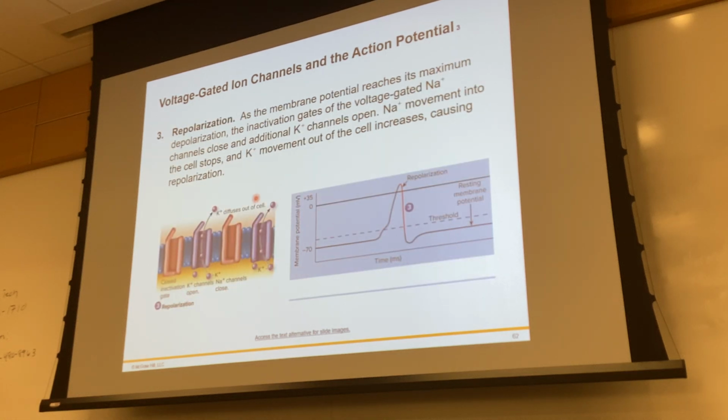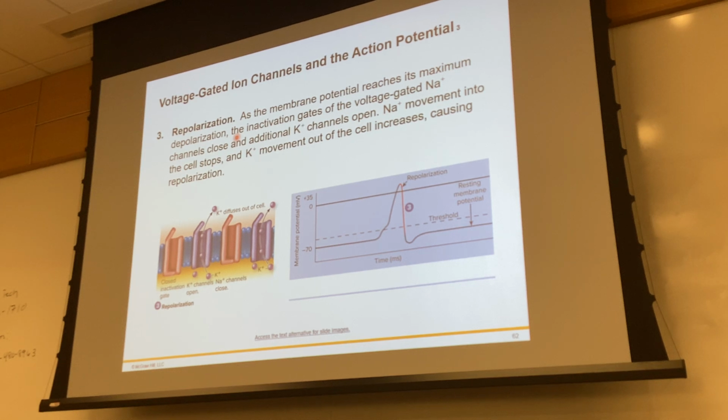As repolarization happens, the inactivation of the sodium ion channels occurs, and the activation of the potassium ion channels occurs. That activation of the potassium ion channels only occurs after the sodium channels have been activated. So it never happens before, it only happens as a result of that.